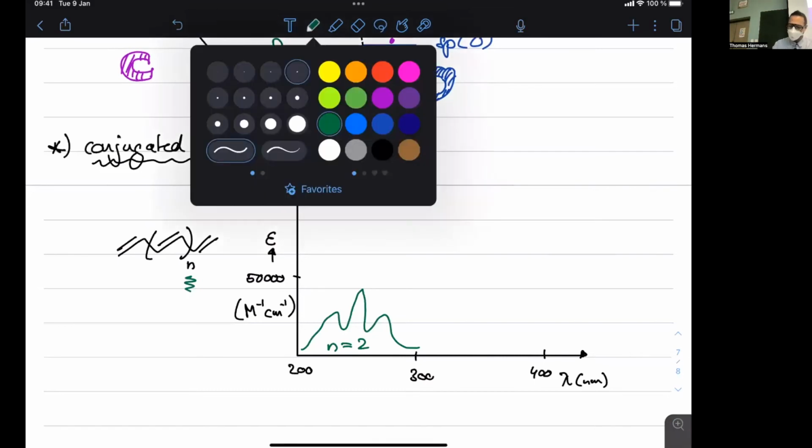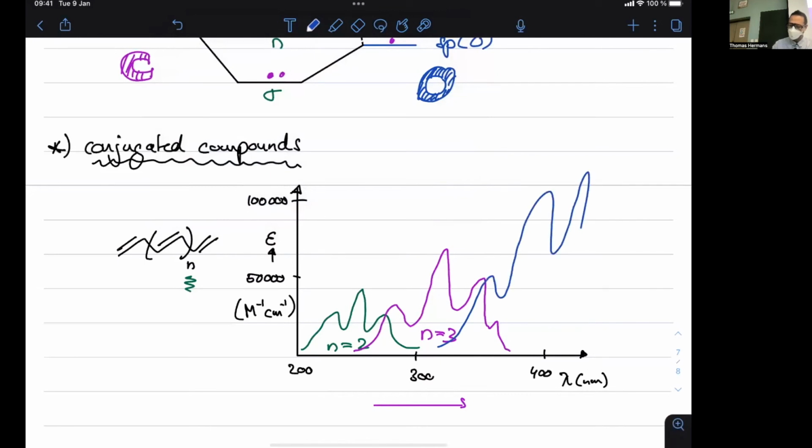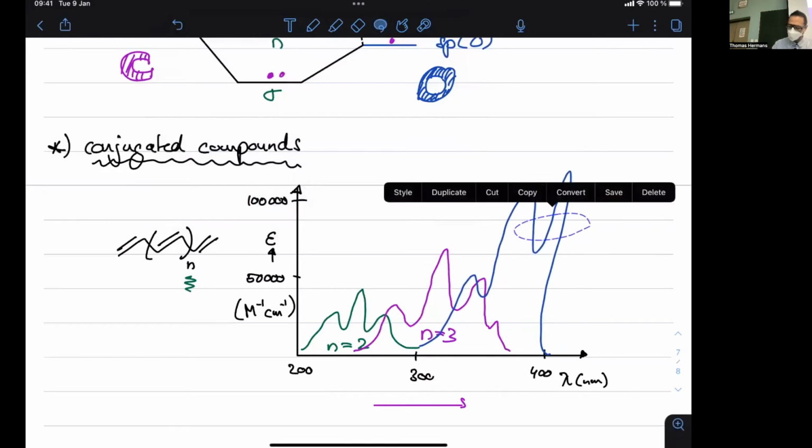Then there are two things that happen. The first thing is that when I go to more conjugated compounds, I get a shift, right? I get a shift, but I also get a higher absorption coefficient. Right? So if I go to 4, okay, it's not very accurate actually, sorry. Should be a little bit more somewhere here.